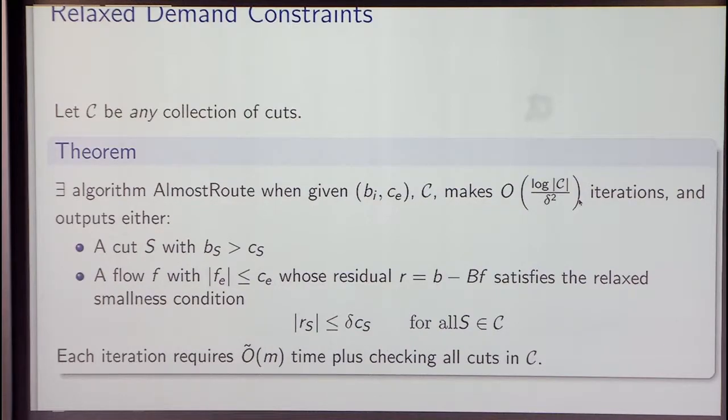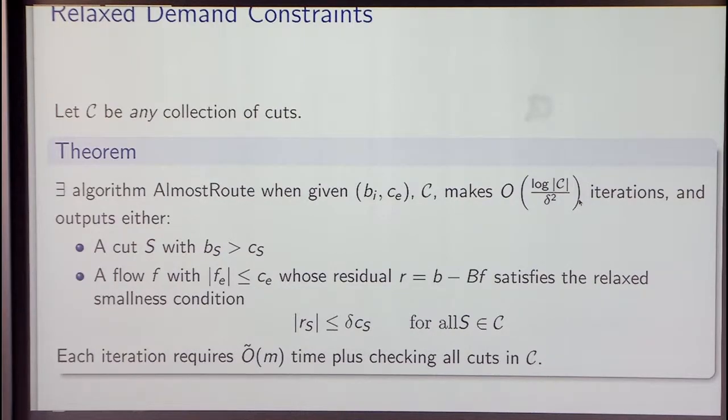And so either it finds the cut that we want, or it's going to find a flow that satisfies this relaxed smallness condition. So it's a flow that satisfies the capacities exactly, and the residual R equals B minus BF satisfies this relaxed condition: on any cut in the family, the congestion is less than delta.